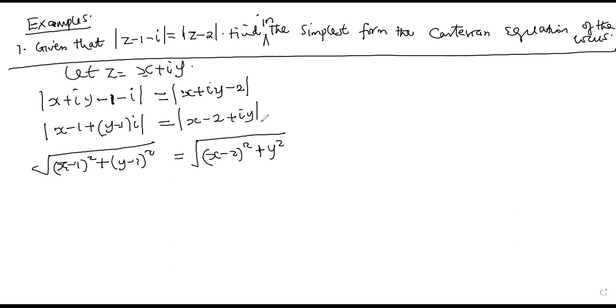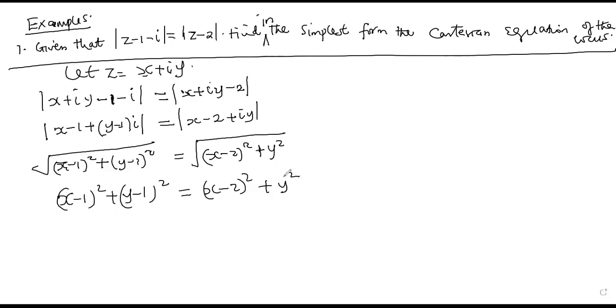When you square both sides, the square roots will go. So we shall have x minus 1 squared plus y minus 1 squared is equal to x minus 2 squared plus y squared.